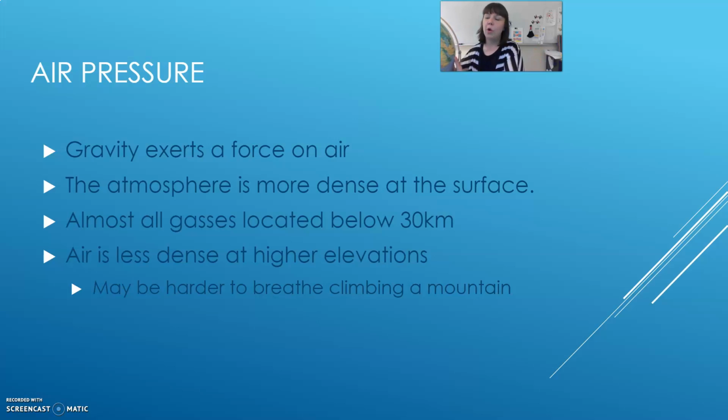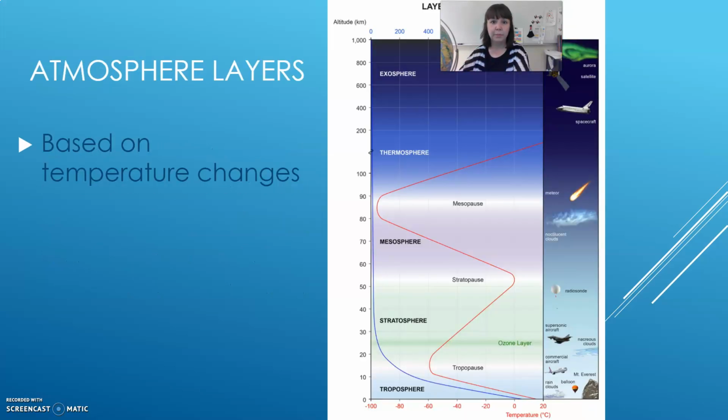The higher you go above the Earth's surface, the less dense it gets. And where it's very low density, it can be hard to breathe because we're used to this surface level density. So if you've ever been high in a mountain, gone to Colorado, or flown in an airplane, you've noticed that the air pressure is very different, and it can make it very hard to breathe.